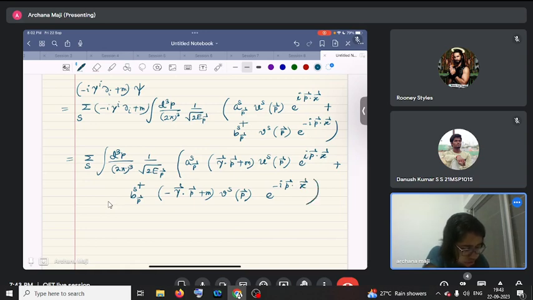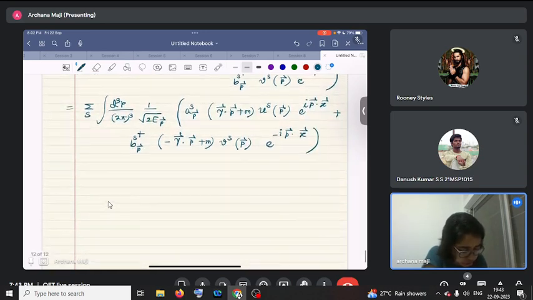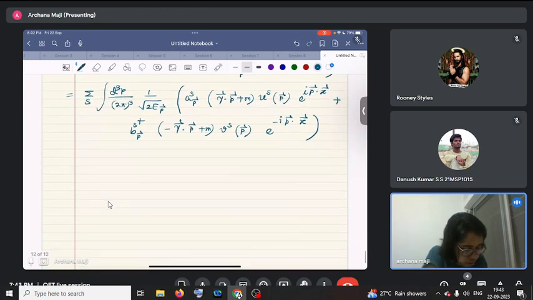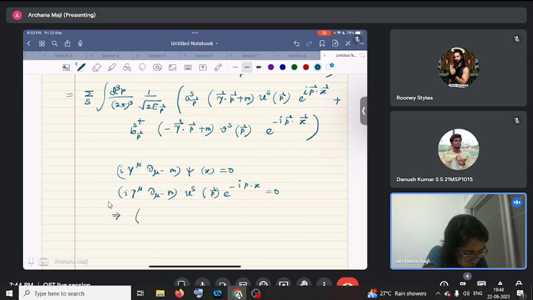Okay. Now remember the Dirac equation is written in terms of spinors u and v. So i gamma mu del mu minus m acting on psi. If you write it in terms of the positive frequency solution, exponential of minus i p dot x, that gives us gamma mu p mu minus m.